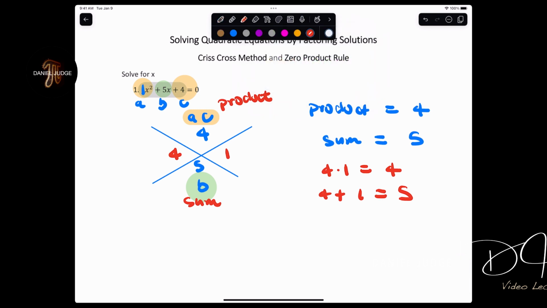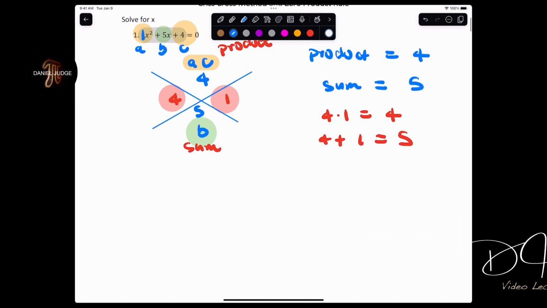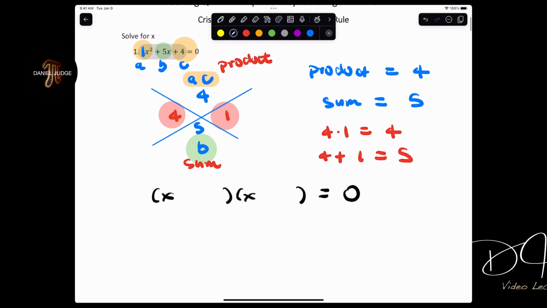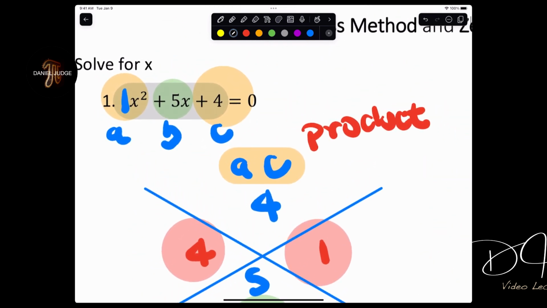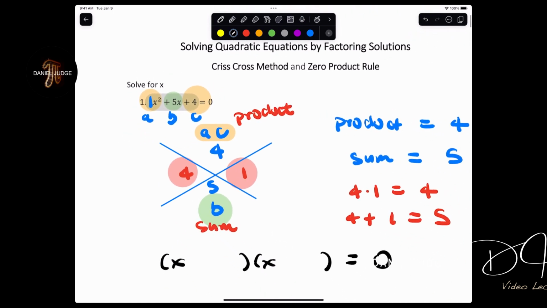Okay, this is called the crisscross method. It's a factoring method of a trinomial. And ladies and gentlemen, you're simply going to put x, there's the product. This is a quadratic. This equals 0. So we're looking at the a, b, c values by the crisscross method here.